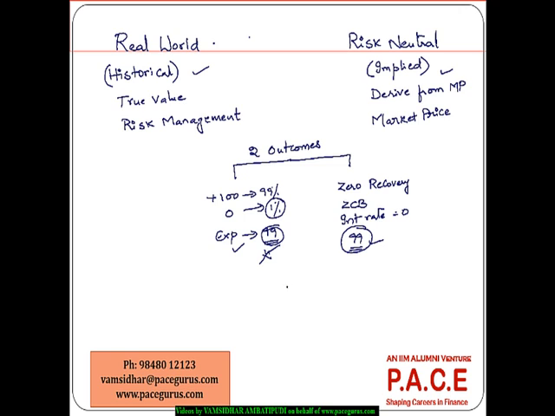And that is what will bring me to the concept that rational investors are generally risk averse. So if they really have to accept the risk, there should be an expected positive return.